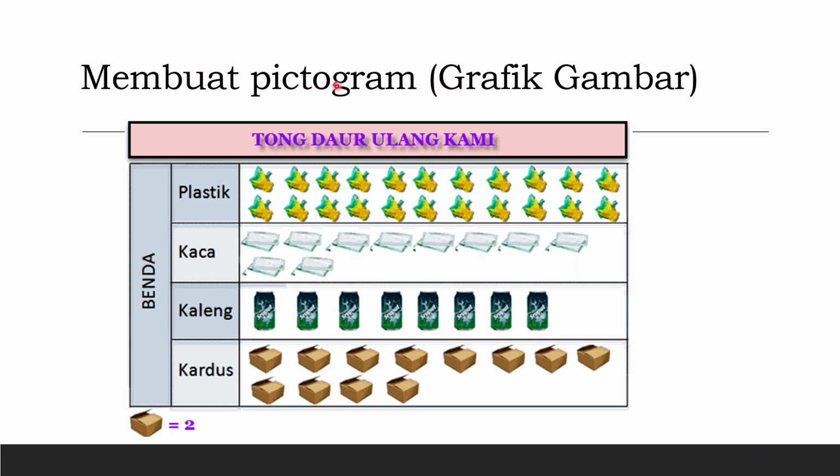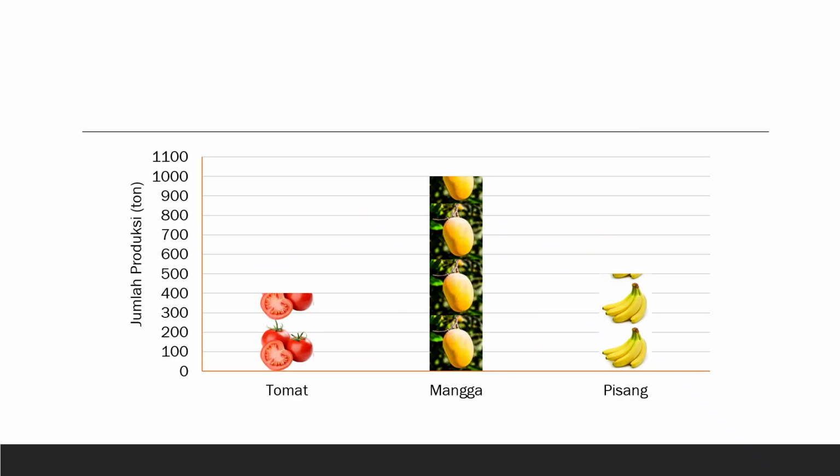As an alternative, you can also make a pictogram, that is a chart with a picture, so you can make it like this, for example. You can determine each picture by a certain value that you need, so you can change this. Maybe you can use 1000 or 2000, depending on the data you have.